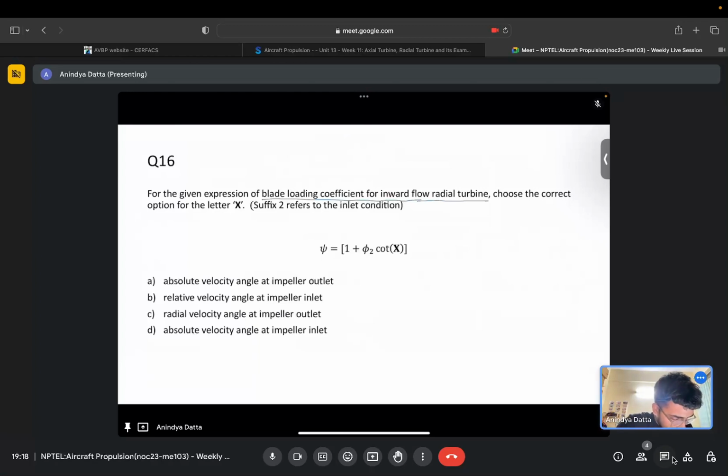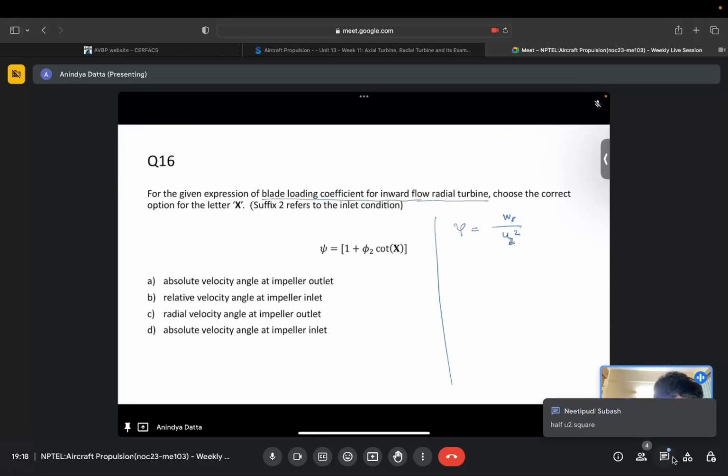So the blade loading coefficient, xi, is equal to the specific work divided by u2 square. As I said, we generally use u2 in the denominator. For turbines u2, u3, u1 are all the same, so here we are using u2 square. And then, yes, right, thank you, half u2 square.